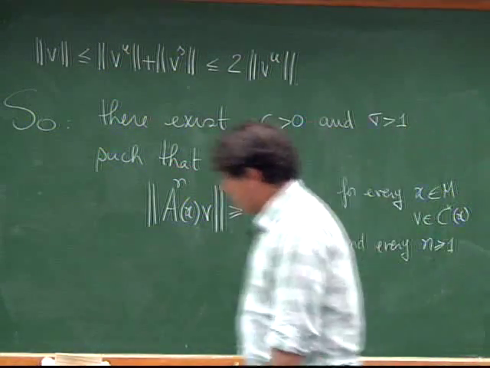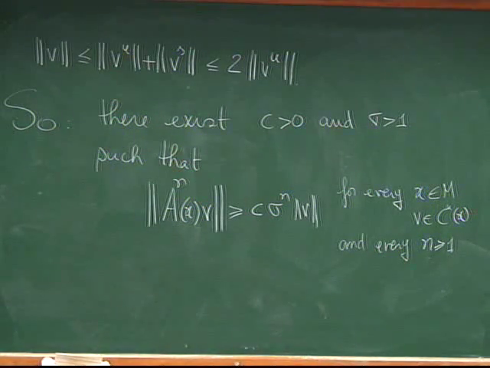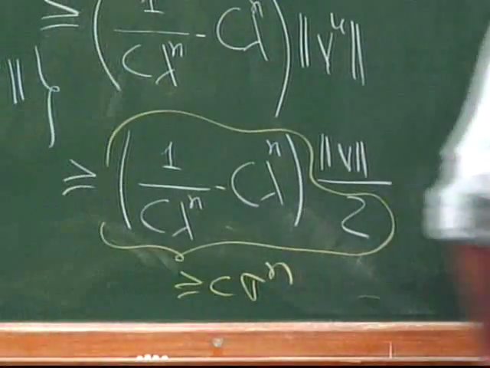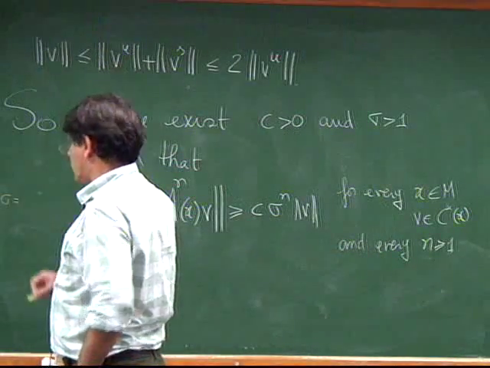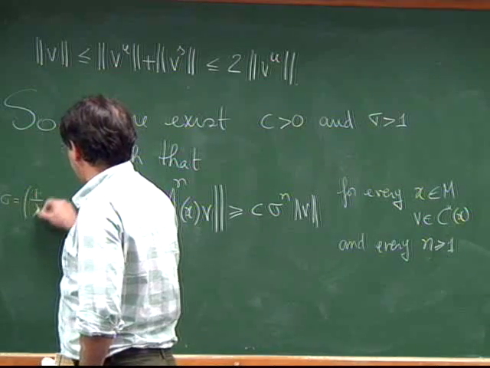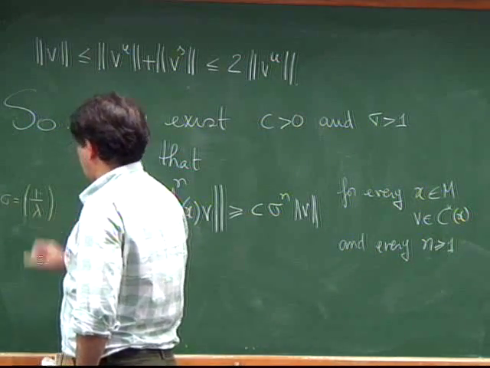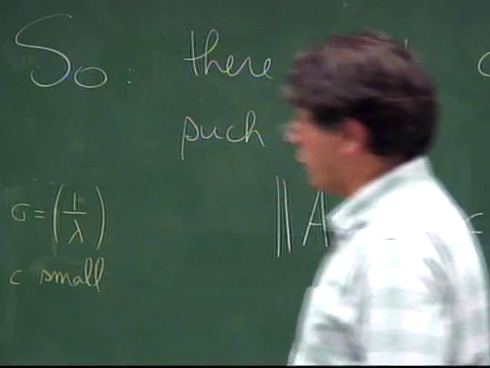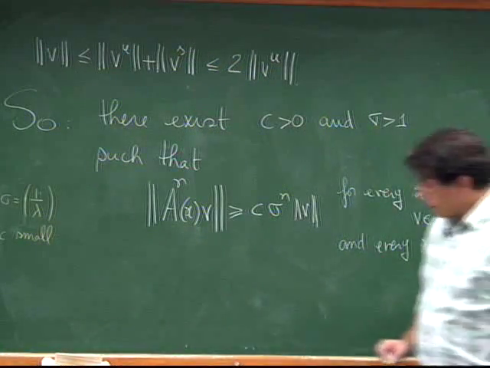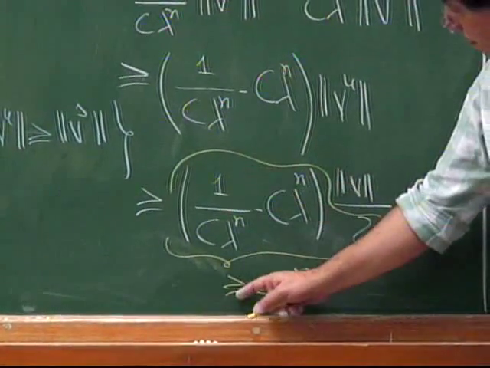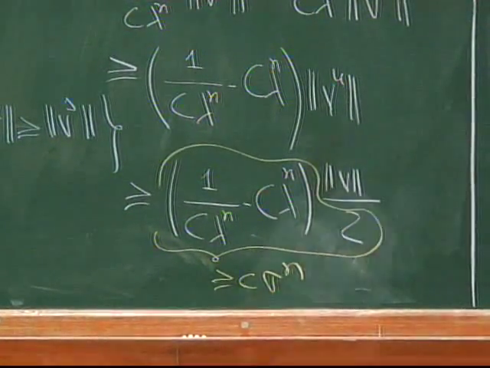You just choose constants so that this expression is bigger than c sigma^n.